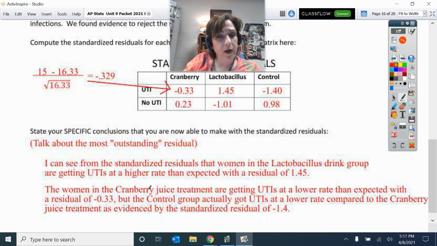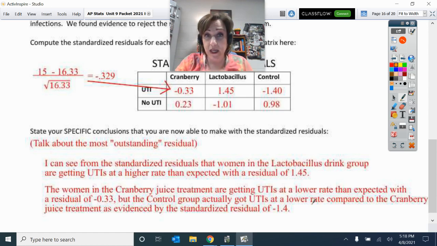The women in the cranberry juice treatment group got UTIs at a lower rate than expected, but the control group actually got UTIs at a lower rate compared to cranberry juice, as evidenced by that standardized residual of negative 1.4.